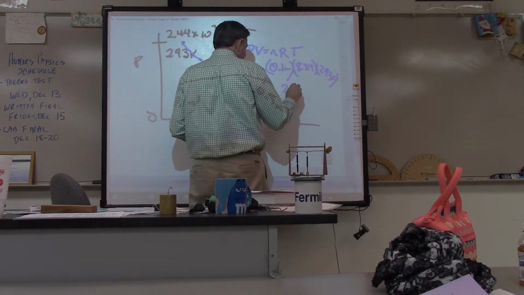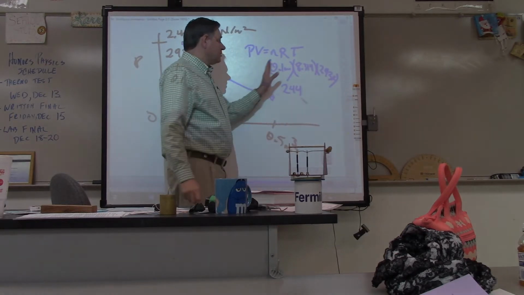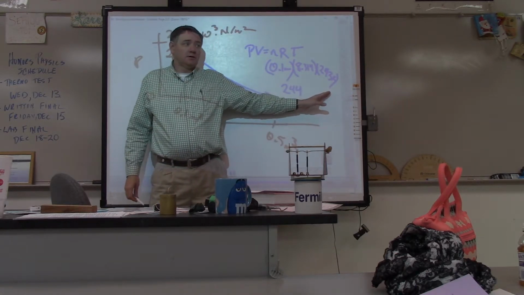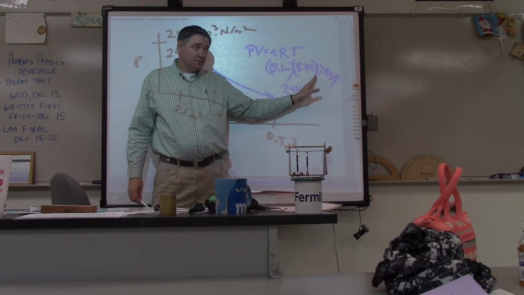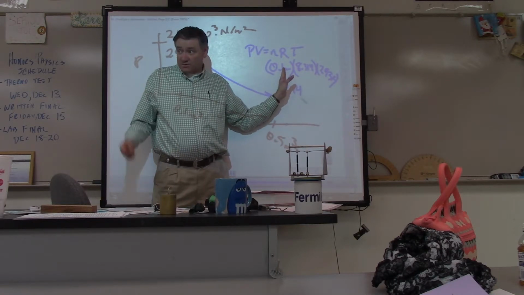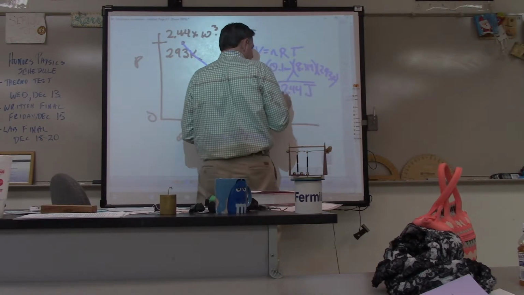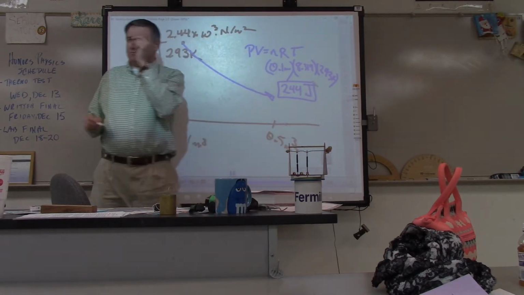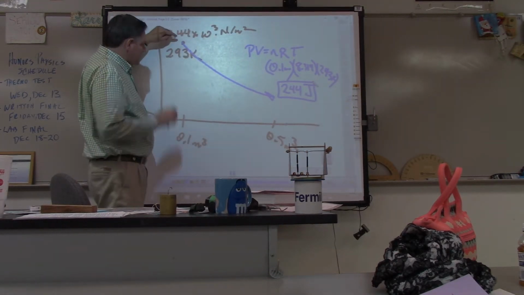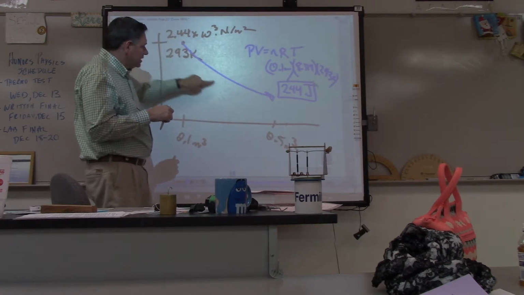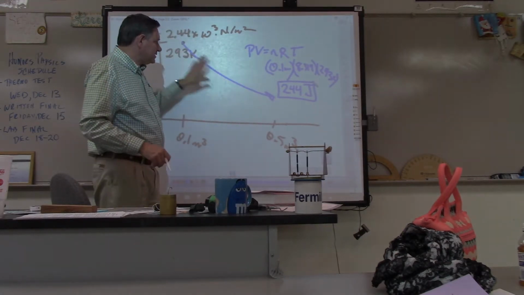244. Now, what units do I have over here? This is joules per mole Kelvin, or joules, right? So the right side of this equation is 244 joules. So here's what's most important. When I go from here to here, what am I doing to the volume?